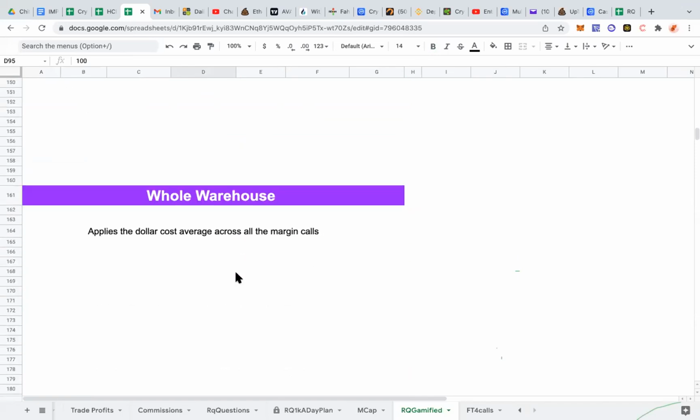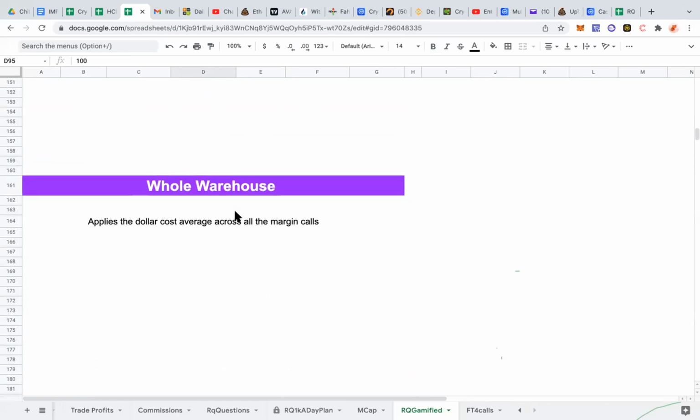Now, the next concept will be whole warehouse mode as against sawbin mode strategy. Now we have been using sawbin, even though we do this kind of dollar cost averaging, and that's why we have a lot of huge floating losses. Why? Because sawbin looks at the investments as separate investments.